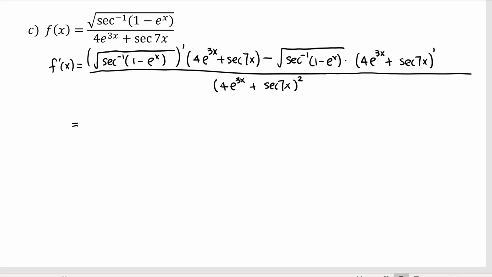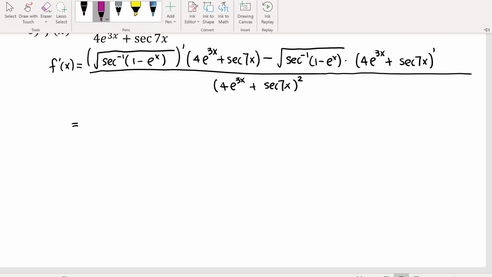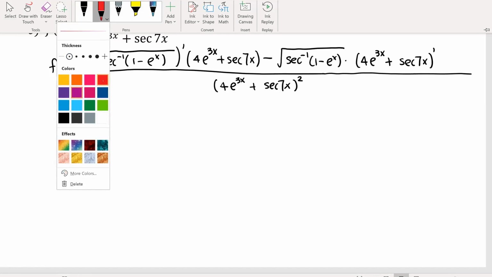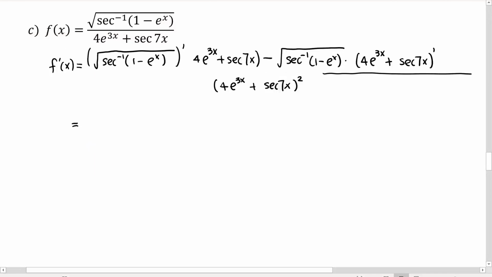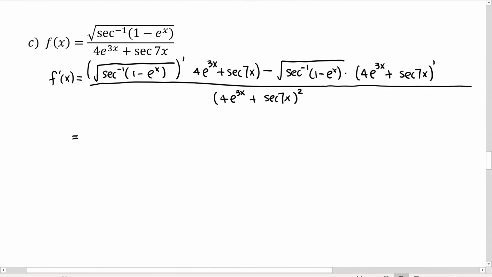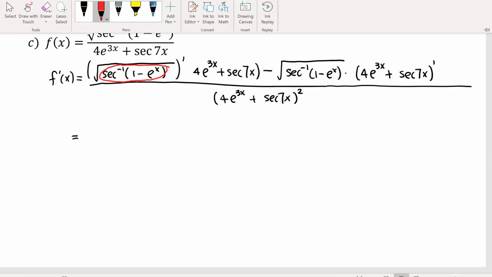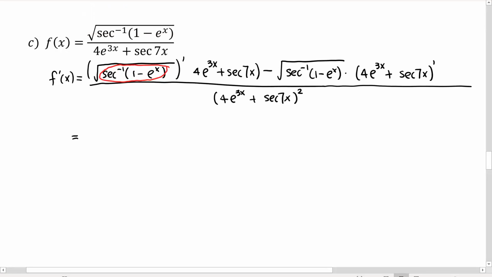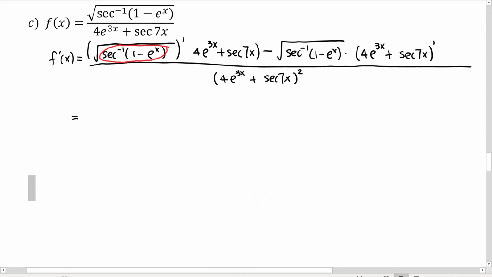Okay, so what is this guy? Well, it's square root of something, so we are using chain rule, right? So chain rule with our u being this guy.